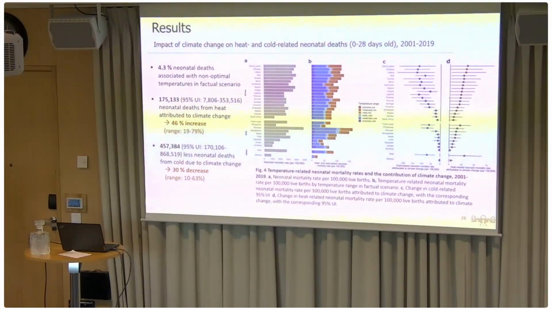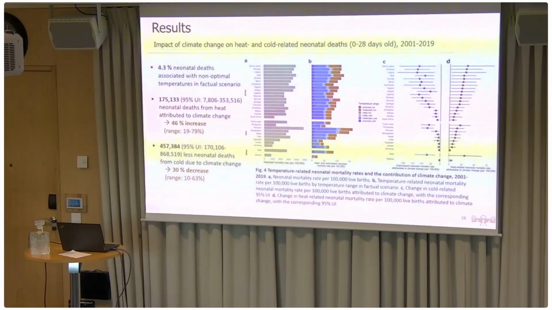But also it was possible to compare the excess in the factual scenarios versus the counterfactual scenarios, and therefore to estimate the proportion of the change due to the climate change that we have already experienced. And this is reported in here.